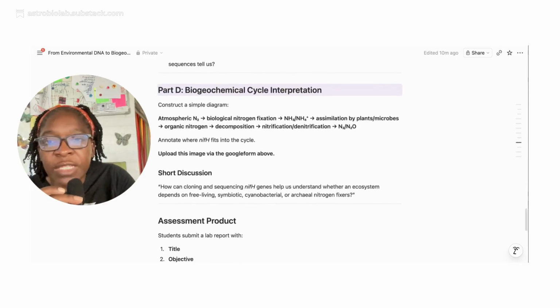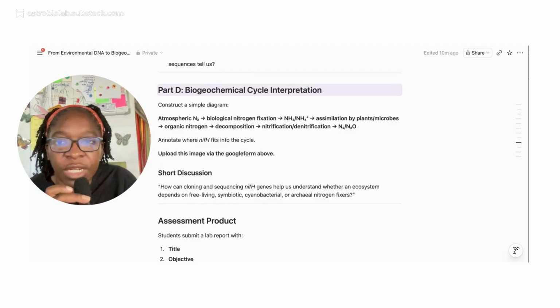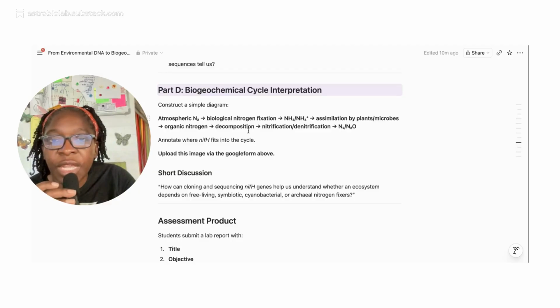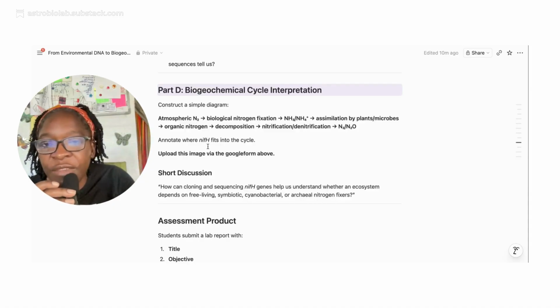Then finally, it's part D, where we look at the biogeochemical cycle interpretation. So you should be able to construct this simple diagram where you show this flow, and then you annotate where in this whole cycle the nifH gene product fits in. So draw your cycle and then put something where it says this is where nifH actually sits in the cycle.